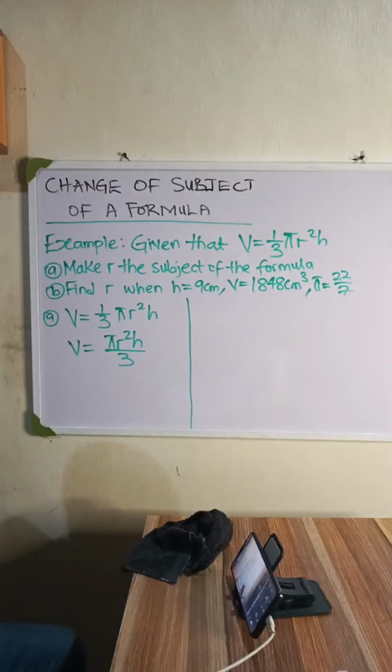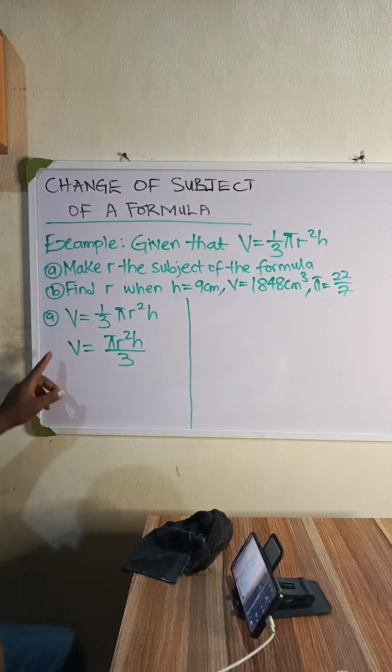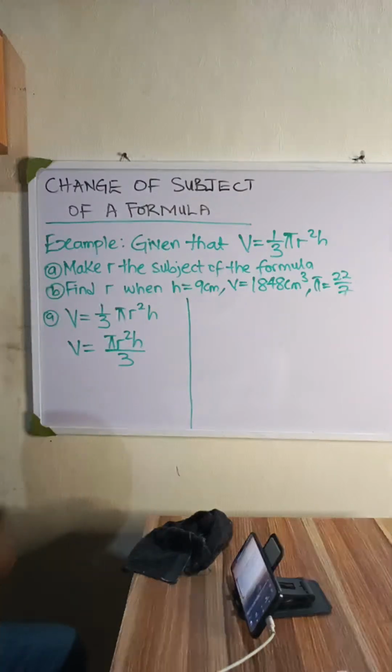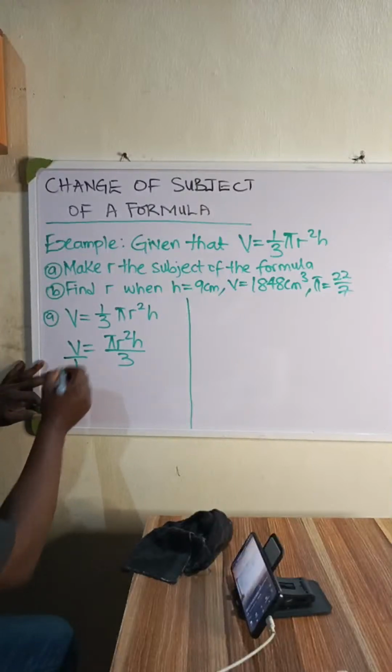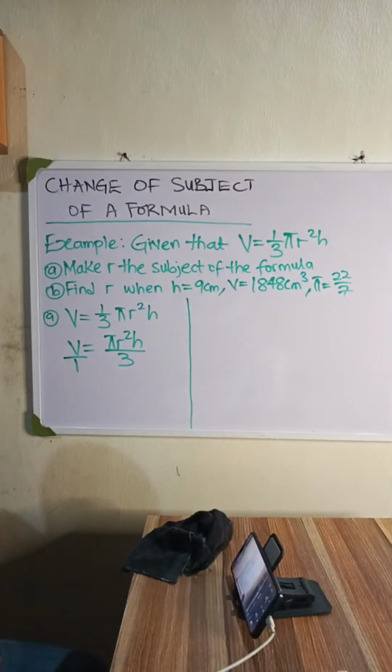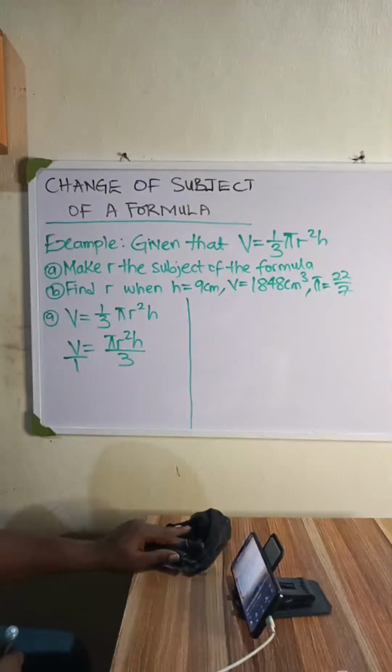So that's the same thing. Okay? But we also know that V is the same thing as V all over 1, because anything divided by 1 is that same value.